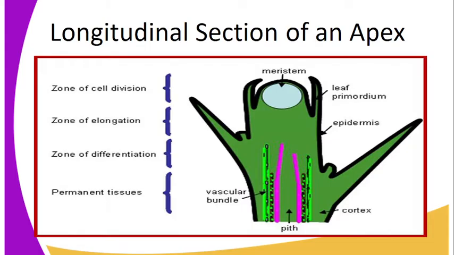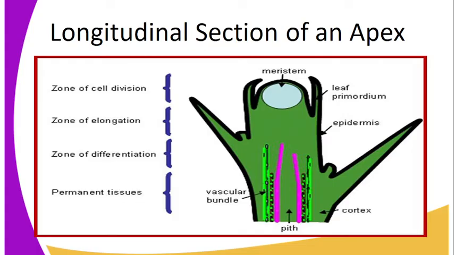Before we study the longitudinal section of an apex, I have to remind you that primary growth occurs in the apical meristems, and it leads to the elongation of either the shoot or the roots.